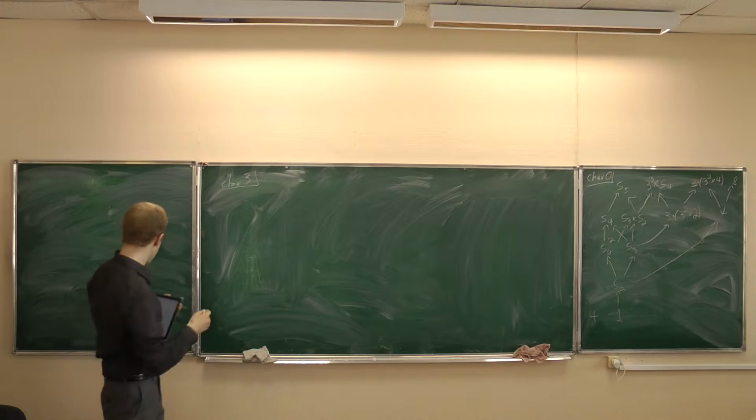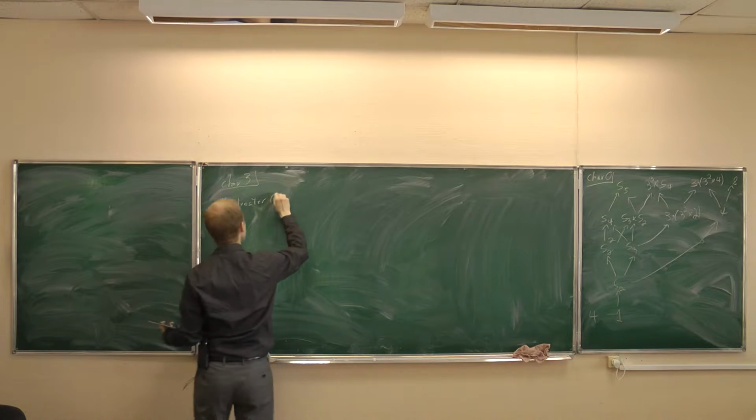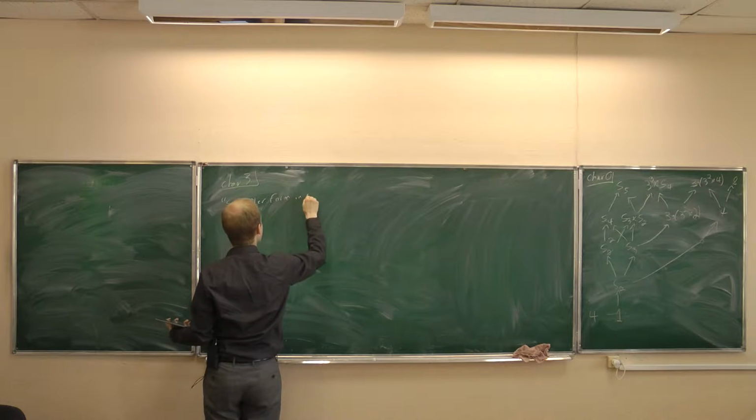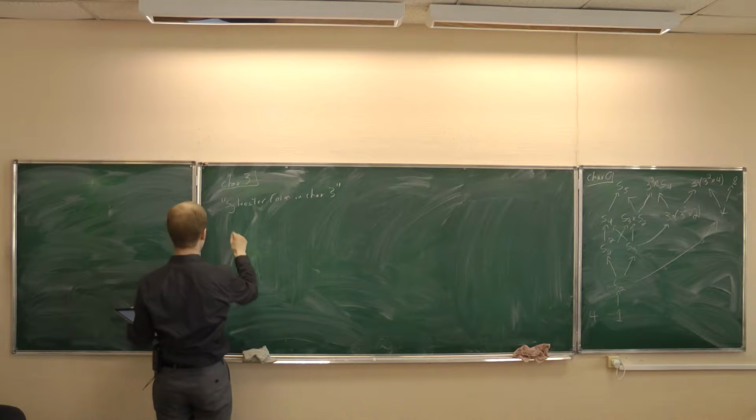Nevertheless, you have this kind of replacement. So the Sylvester form in characteristic 3, where you can always write down the cubic in the following way.